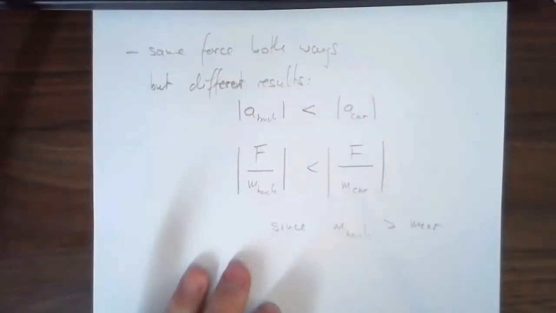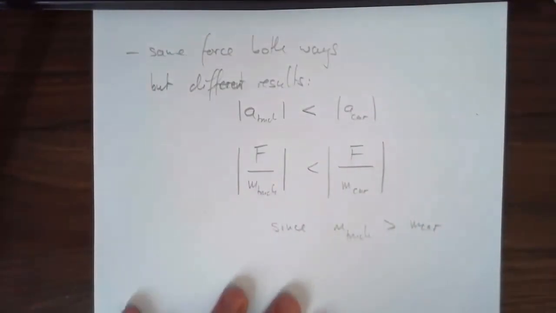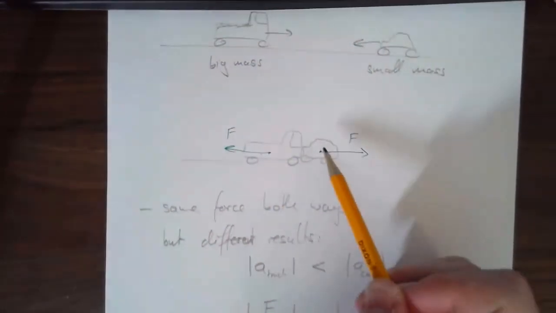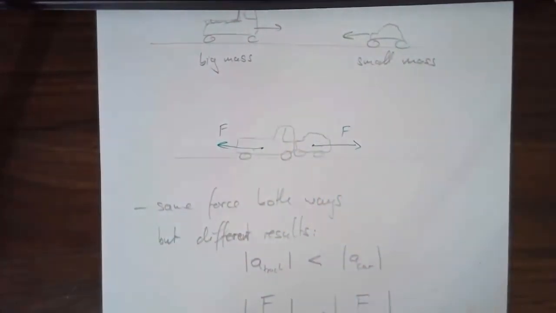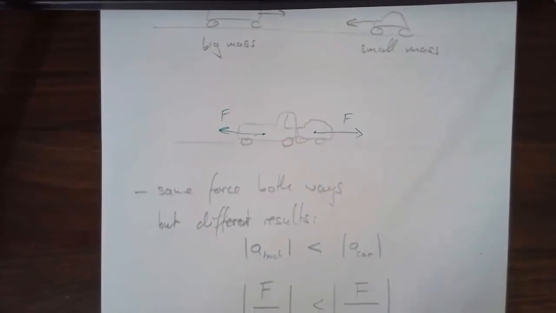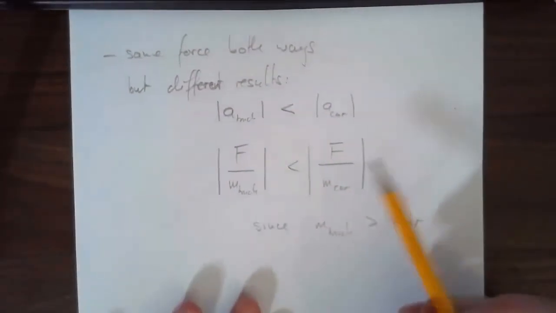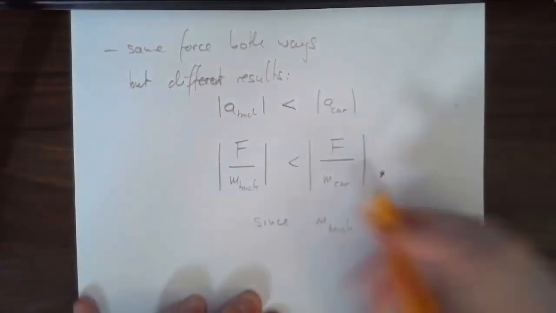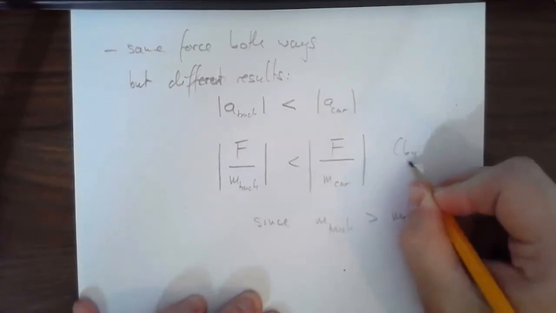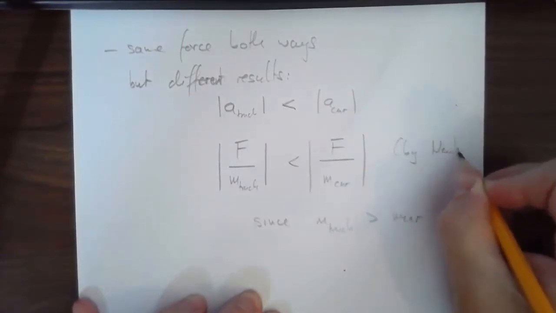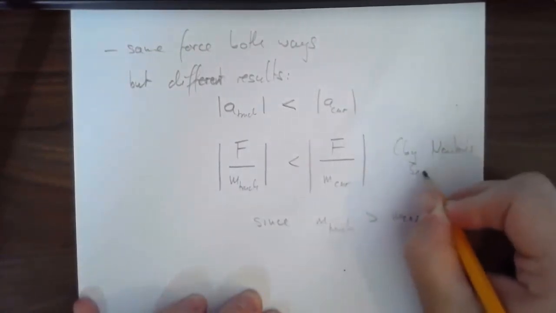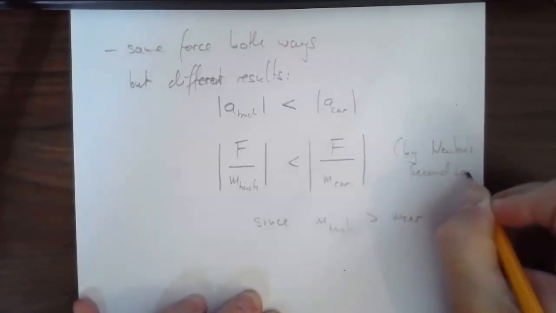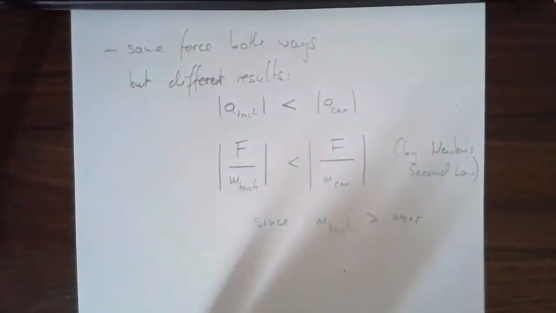So Newton's third law does not say that those two objects have to experience the same acceleration as a result of the force. No, it says the force is equal. What the effect is is determined by Newton's second law, which we used here. Okay, so hopefully that makes sense to you.